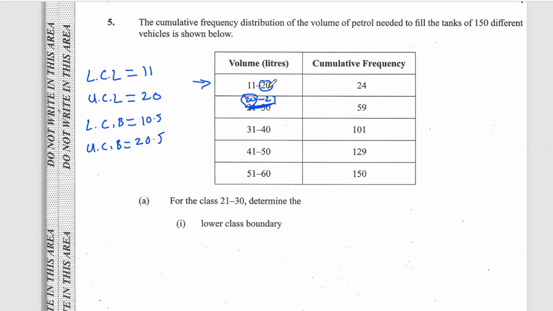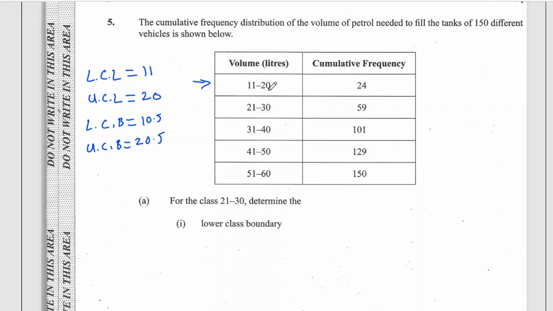In that case, the limit and boundary are the same, because it's the same number. So don't let that confuse you; sometimes they ask that as well. But in this case, it's different because we have a 20 and a 21, so for the boundary we add 0.5 and subtract 0.5. All right, so that was a quick recap on boundaries and limits.